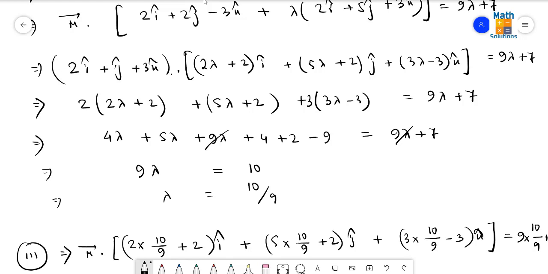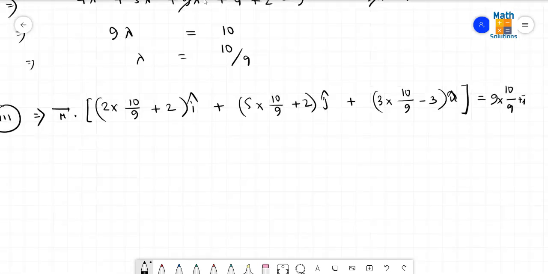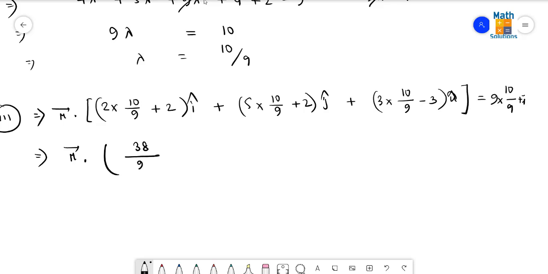So while simplifying we should get the answer in the simplified form I am writing here. These are simple calculations. So this is 38 by 9 i cap plus I shall get here 68 by 9 j cap plus 3 by 9 k cap, that is equal to 17.